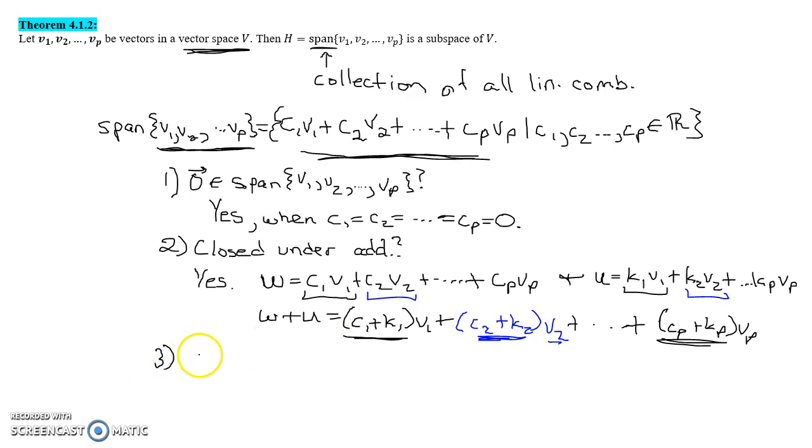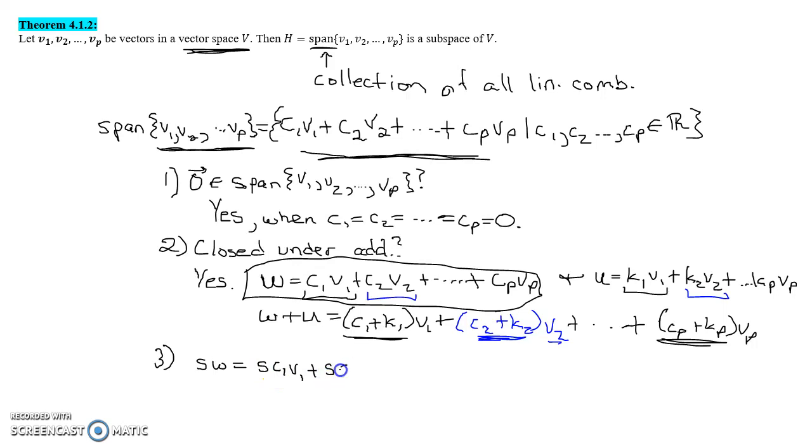It's similar for scalar multiplication. If we take this same generic vector w that's in the span, and let s be some scalar, suppose we do s times w. That would be s times each component: s times c1 v1, plus s times c2 v2, plus s times c3 v3, on down to s times cp vp.